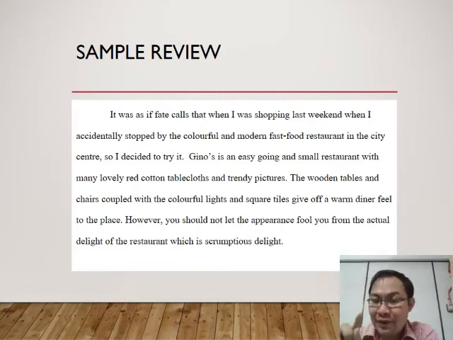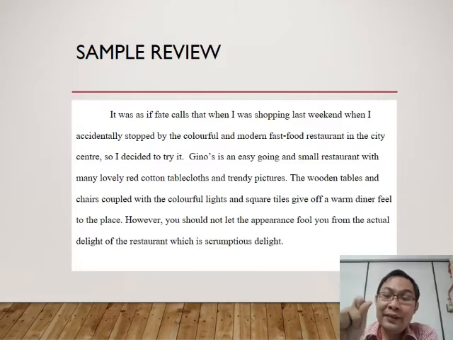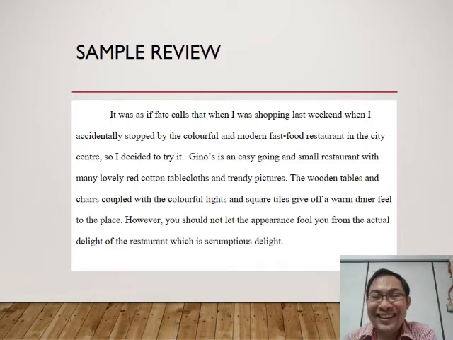Linkers, we have done linkers before. So maybe in a red pen you can highlight the adjectives. With a blue pen you can underline the linkers. I will give you some time to do this. You can pause the video, copy down, and underline.